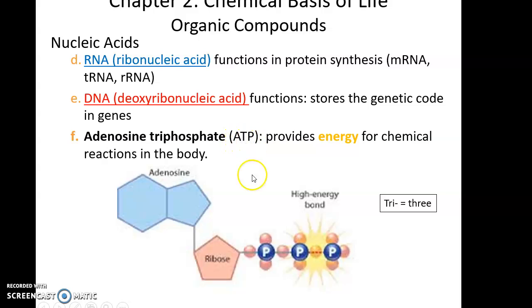Now, this is important because it has 3 phosphate groups. And the bond between the second and third phosphate groups is a high energy bond. And that energy can be used for chemical reactions in cells throughout the body. So ATP is the energy currency of the cell. It is the compound that carries energy that our cells use for many, many chemical reactions.